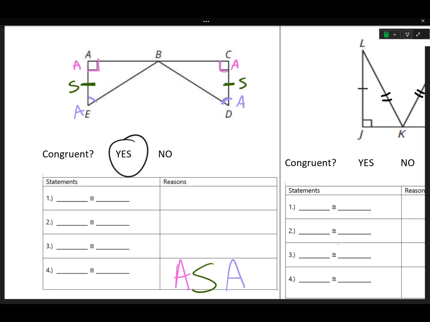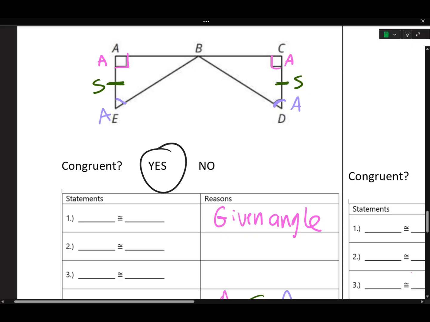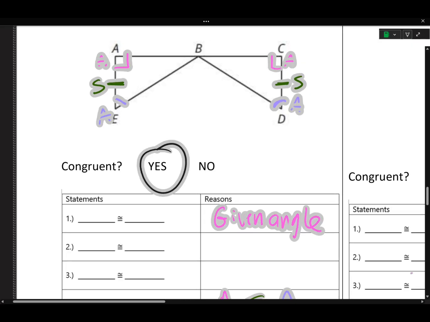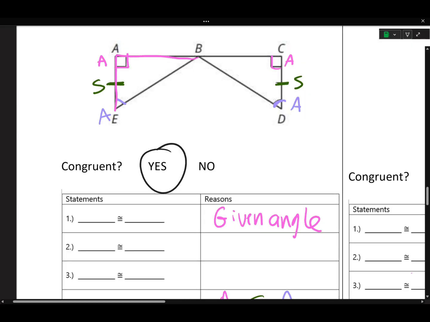Let's begin with that pink given angle, the one I started with. On the left triangle, I'm going to name it angle BAE. On the right triangle, I'm going to call it BCD. Next, let's talk about the sides. On the left triangle, I'm calling this side AE.